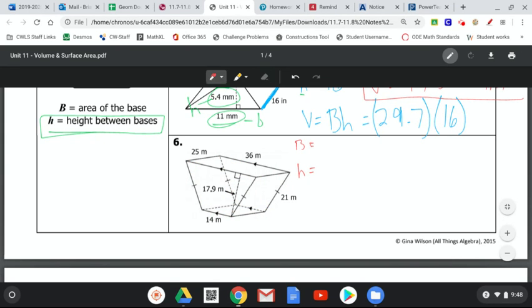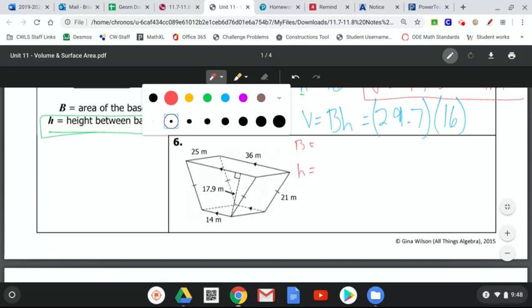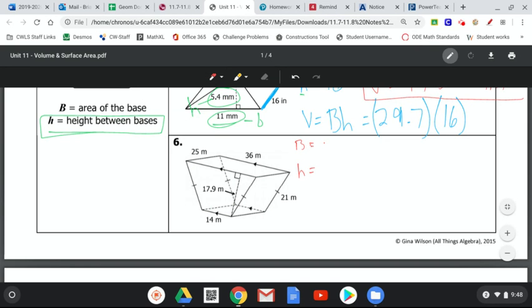Now, we have to figure out what the area of that base is going to be. The area of a trapezoid is 1/2 height times base 1 plus base 2. Because we're looking just at this trapezoid right here, the height of the trapezoid is going to be 17.9.